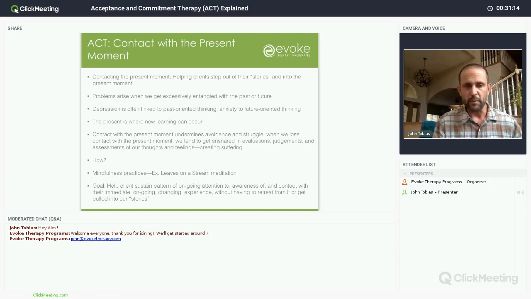And we are always telling ourselves stories, whether we're aware of them or not. So it's this idea of stepping out of our stories and into the present moment. And so many difficulties arise when we get kind of entangled or ensnared, and the ACT word that I use is fused with our stories, with our narratives of who we are.